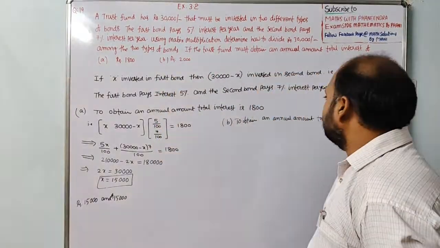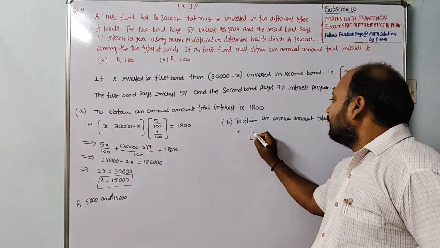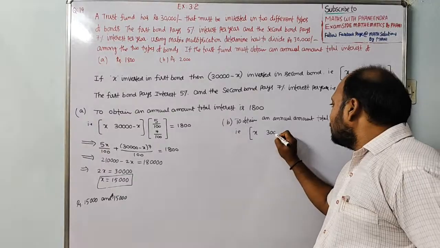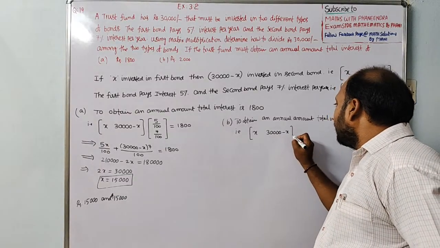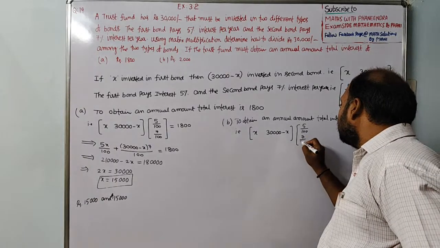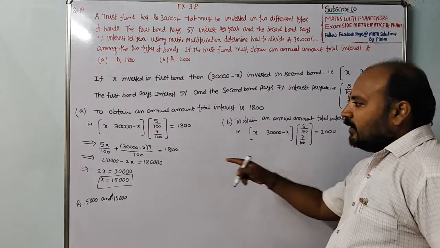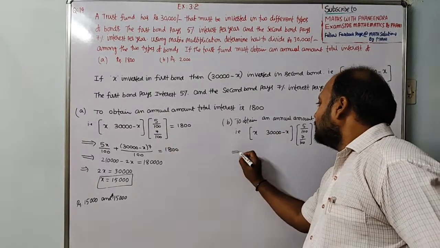If it is 2,000, then the matrix will become like this: x, 30,000 minus x, and the percentages will be the same, 5% and 7%. This is equal to 2,000, like the previous matrix multiplication.